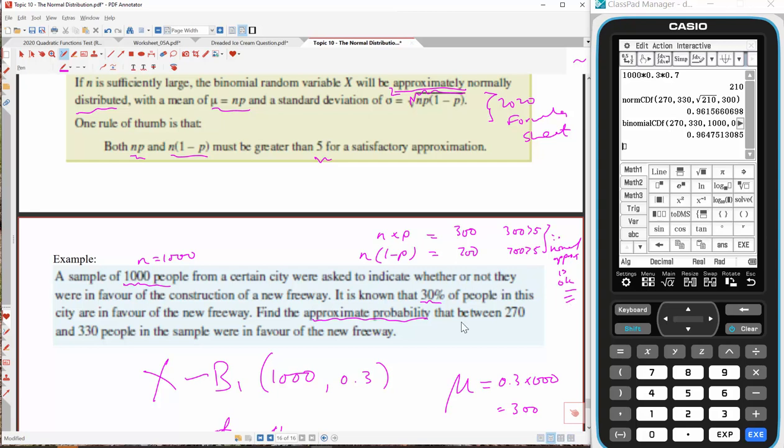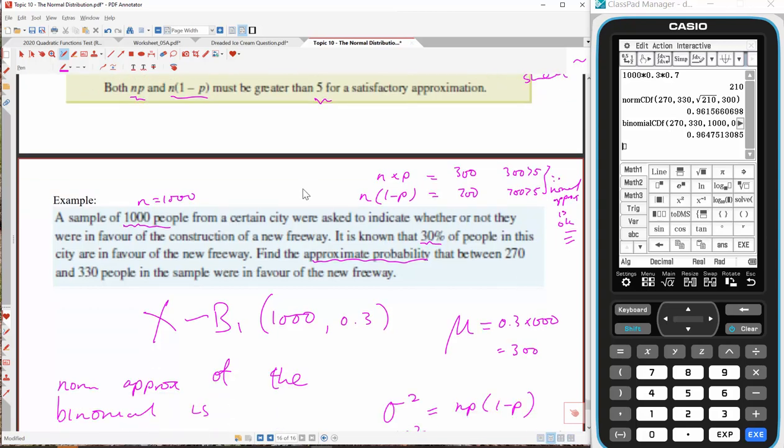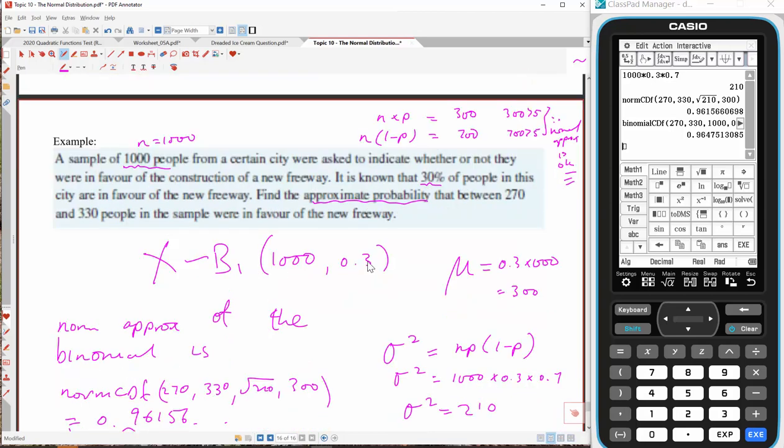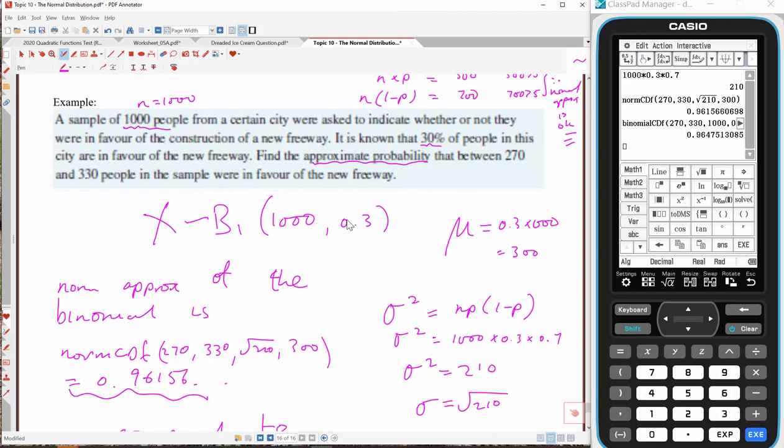Now, how to know whether they're looking for the binomial or the normal approximation? Well, I've seen it asked flat out using the normal approximation, or alternatively, I've seen them say something like, do not use the normal approximation. But in this question, the fact that they say the approximate probability rather than find the probability means that they're permitting us to use the normal approximation. So that's what to look for: whether it's formally stated, or words like approximate probability are also acceptable.